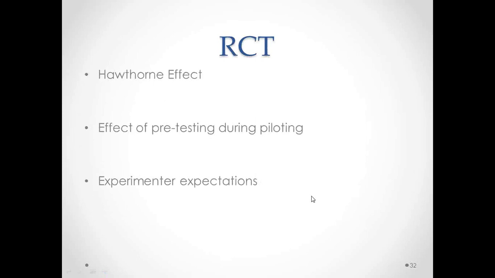So when we look at RCTs, we have to think about things like the Hawthorne effect. So that whole idea that you're being researched, therefore you're special, and that might make you feel better. The Hawthorne effect can also be very evident in observational studies, in ethnographic studies, for example.